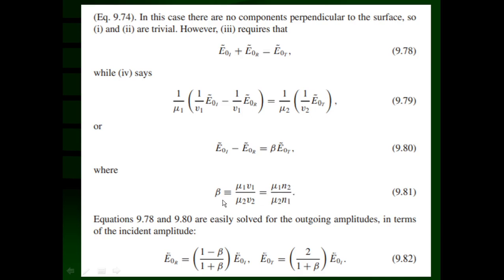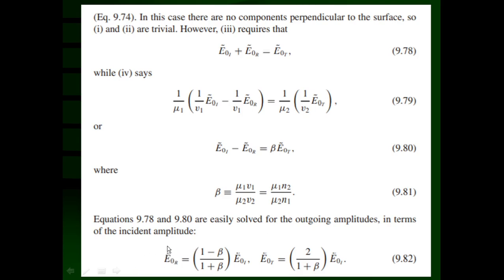So that is substituted. So beta we can write in this term, mu1 V1 upon mu2 V2, or we can write mu1 n2 upon mu2 n1. Equations 9.78 and 9.80 are easily solved for the outgoing amplitudes in terms of the incident amplitudes.